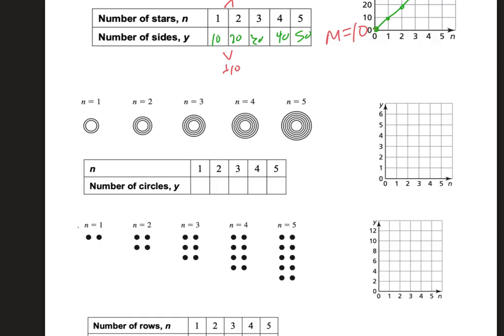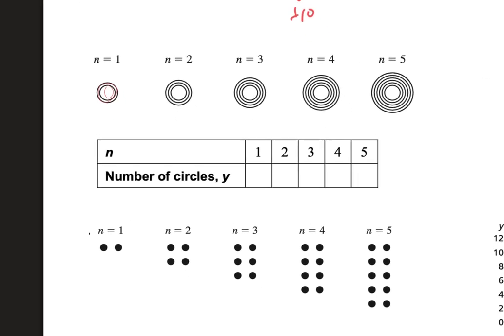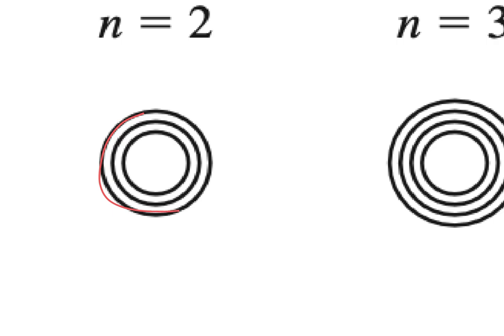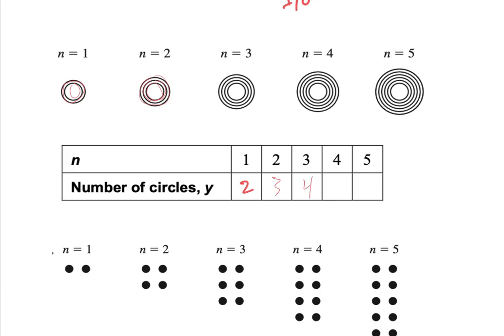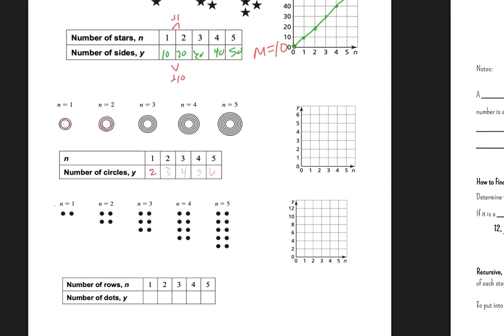Number of circles, and then actually, so n is just this, and there would be 2 circles, right? And then n is 2. Now we have 1, 2, 3 of them, and so on and so forth, right? So again, we could graph this, x is 1, y is 2, 2, 3, 3, 4, 5, and so on.